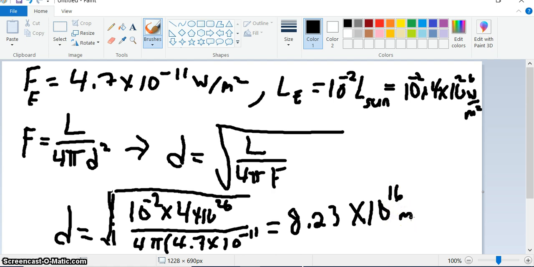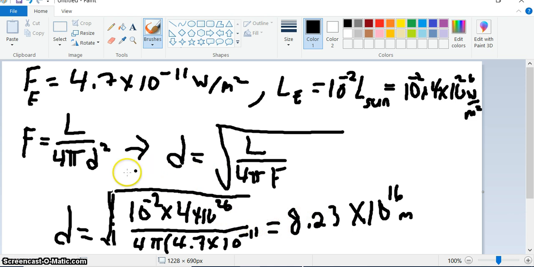Of course, we would like to know what that is in parsecs. Remember, the L came from the HR diagram, because we knew the temperature, we could estimate what L was, and the flux was given to us. So we just rearrange this equation and solve for the distance, and the answer comes out in meters.